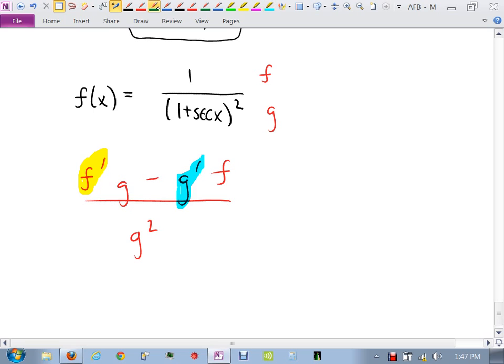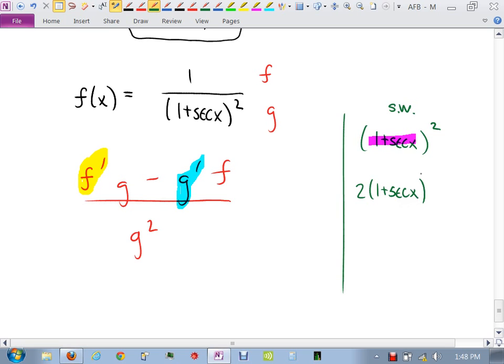So I would have to do some scratch work on the side here, and I'd have to ask myself, what is the derivative of this? Right? So this is where you'd have to come in here and say purple squared. What's the derivative of purple squared? 2 times purple times the derivative of what's in there, right?